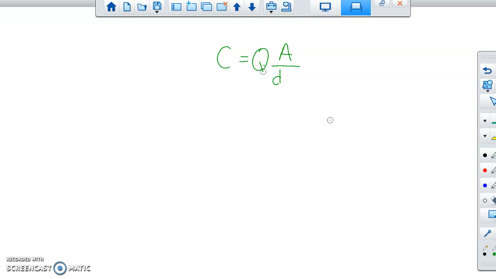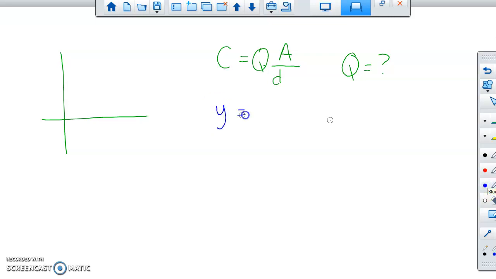The question is, let's say that we're trying to find what is Q? What could that possibly be? How would you plot a graph so that you could find what Q is? Well, just do the same thing that we did before.